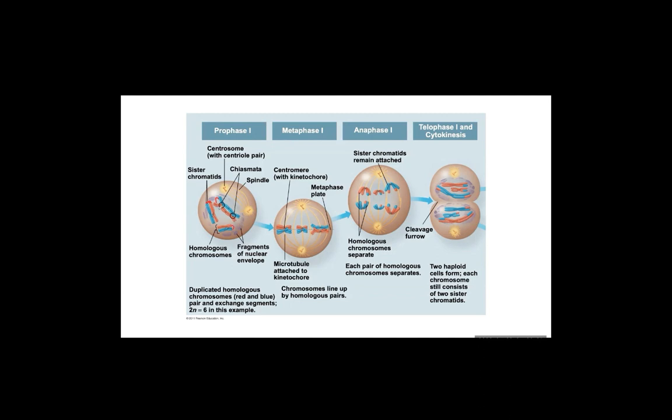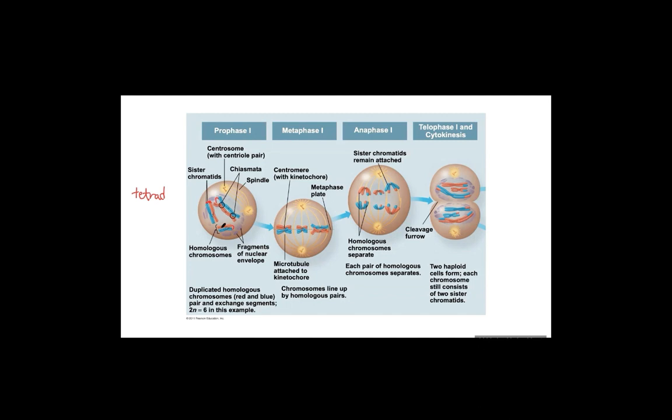When you look at these paired homologous chromosomes, how many sister chromatids can you count? 1, 2, 3, 4. So this new structure, the pairing up of homologous chromosomes, consists of 4 chromatids. We call this a tetrad. Look here, 2 sister chromatids, 2 sister chromatids.